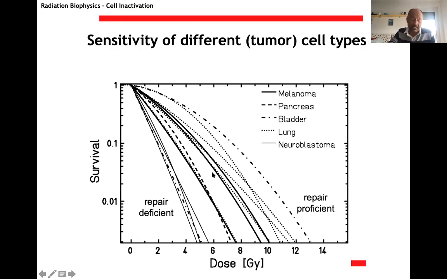We will see that the sensitivity in vitro is not necessarily the same as the sensitivity in vivo, but already in vitro you see that there are fairly different radiosensitivities of different tumors, and within the same tumor, these are all lung cell lines, you have more sensitive and more resistant cell lines.